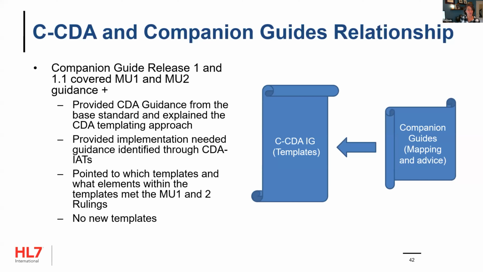C-CDA is kind of a challenging format. It's produced out of tooling that produces Word documents, which get transformed to PDF documents, and it's a big, huge 1,000-page document.